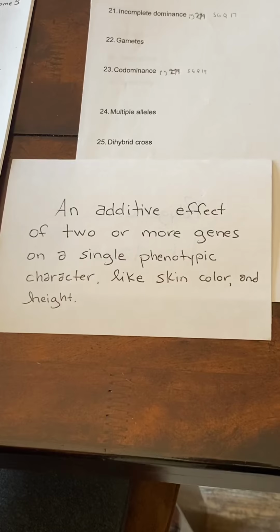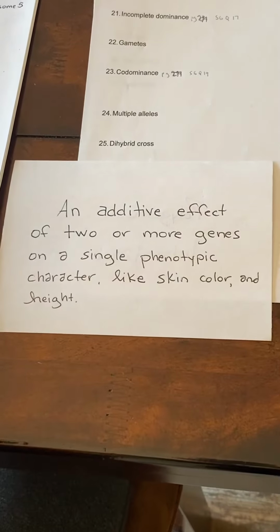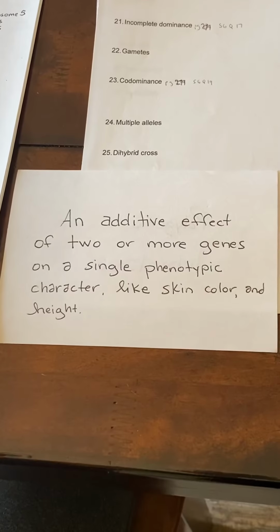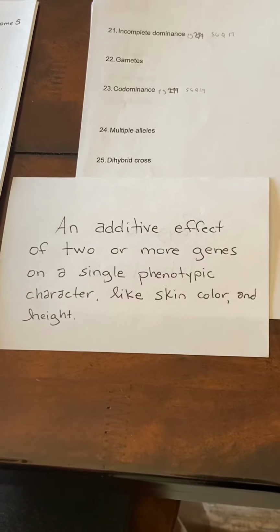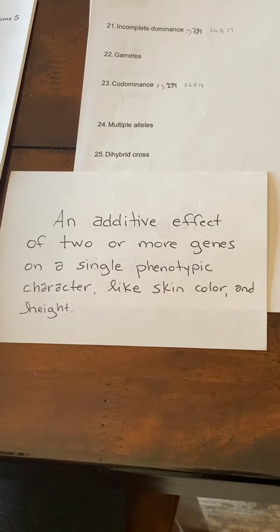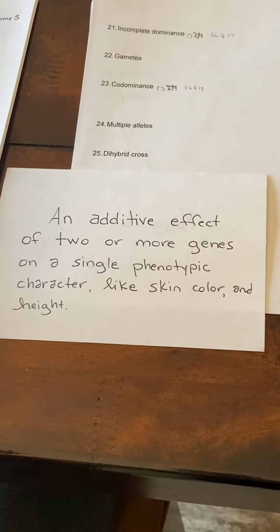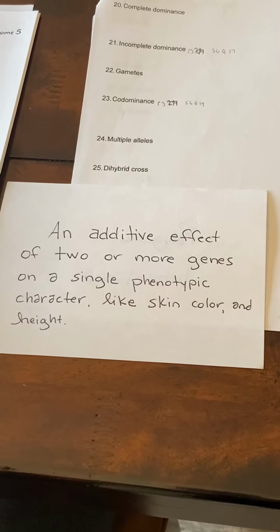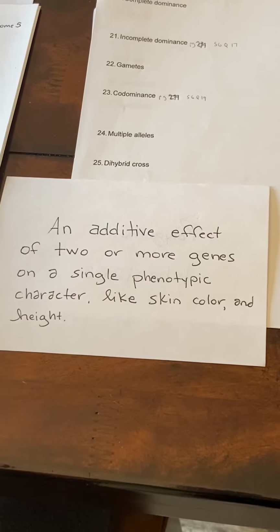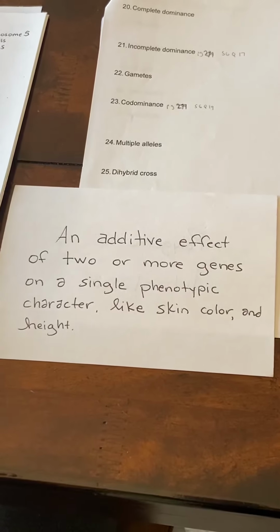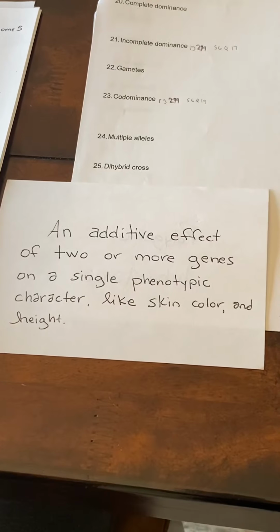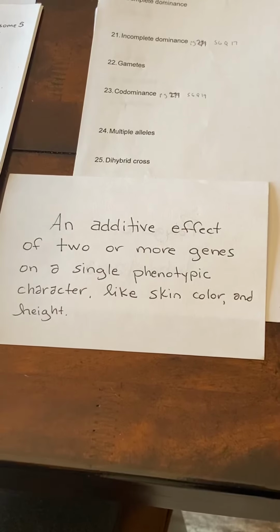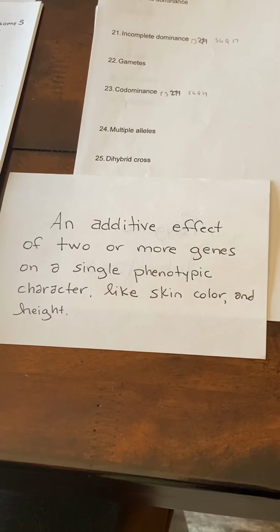What that's saying is there's more than one gene that controls this phenotype. So instead of just, like for height in pea plants, you had a tall plant or a dwarf plant. There's no in between. But in humans, we have all kinds of heights. So in actuality, they say there's over 180 genes that are related to height, which means there's 360 alleles.